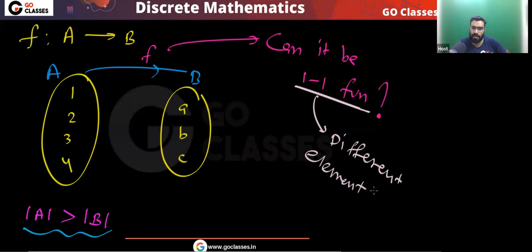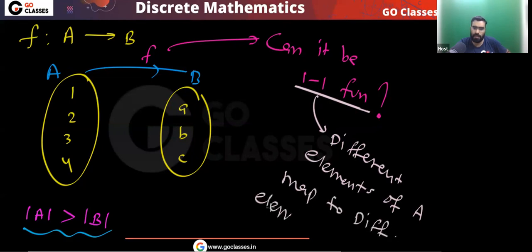Different elements of A map to different elements of B.